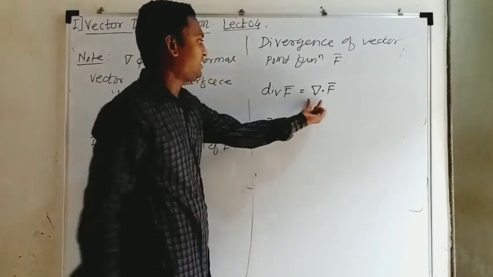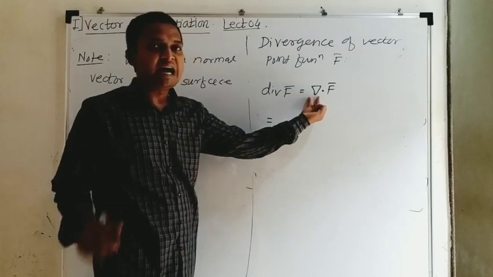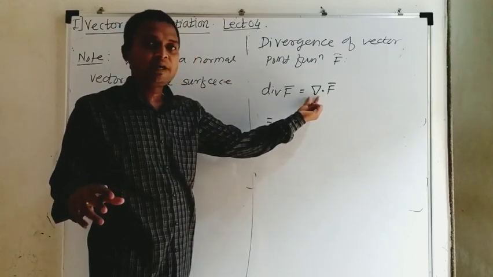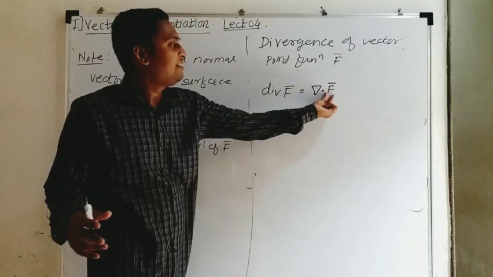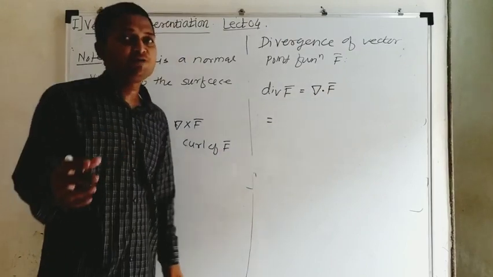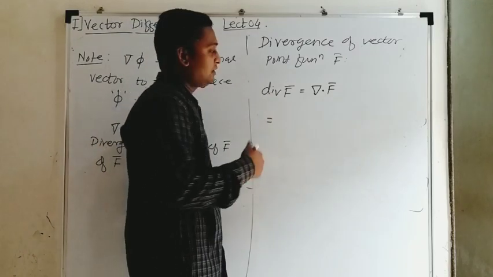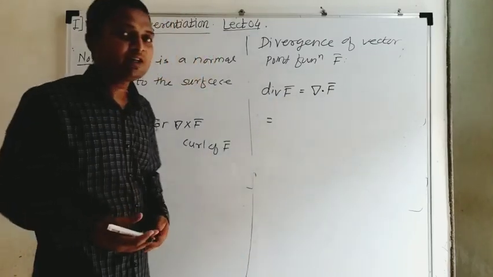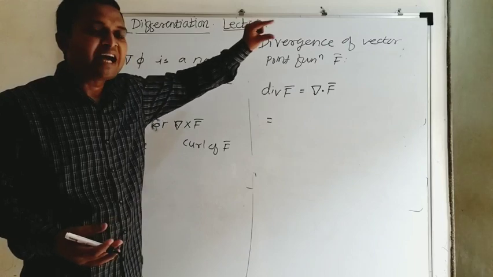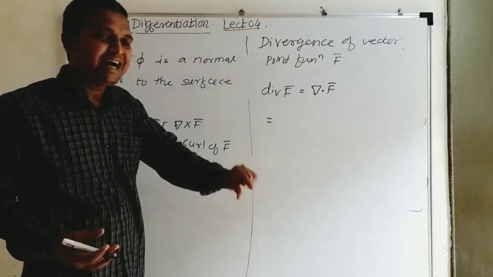Okay, so the vector del is i del by del x, j del by del y, and k del by del z, and f bar is the vector f1 i, f2 j, f3 k that we have written earlier. So after taking the dot product, how do we calculate the dot product of the vectors? We multiply the i component of one vector by the i component of the other vector.